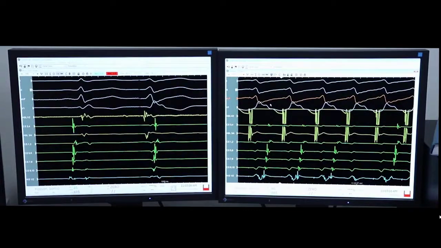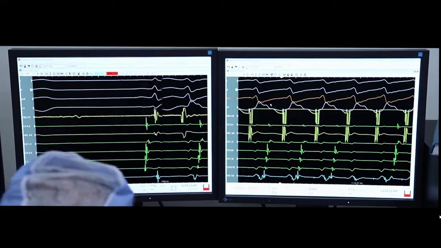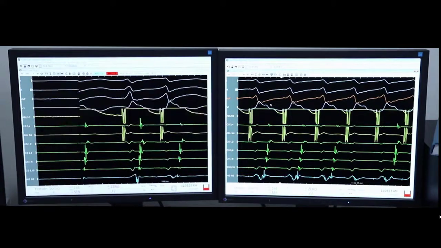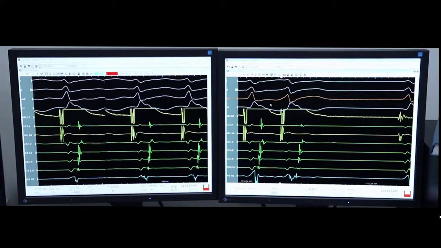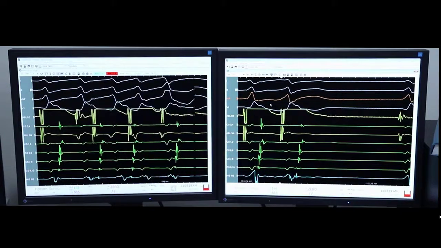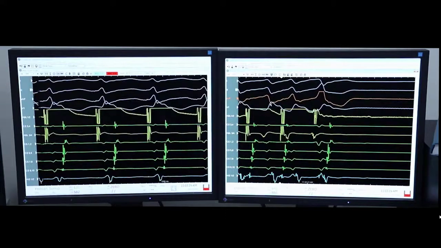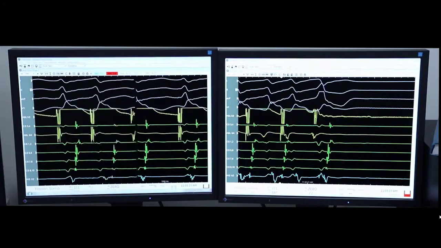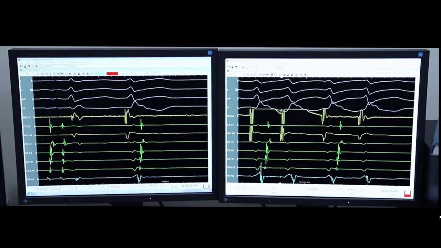We can see the opposite maneuver, emphasizing the absence of any further accessory pathway conduction. All the retrograde conduction is via the AV node. Then we can see the Wenckebach cycle length without any conduction via a bystander accessory pathway.